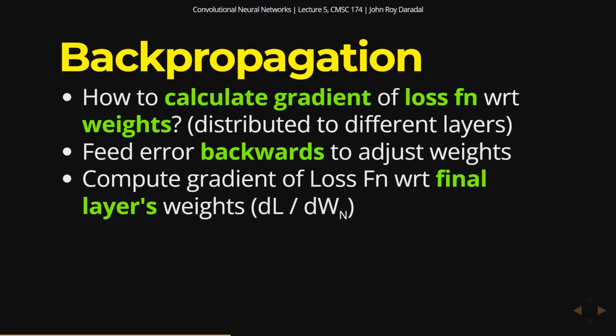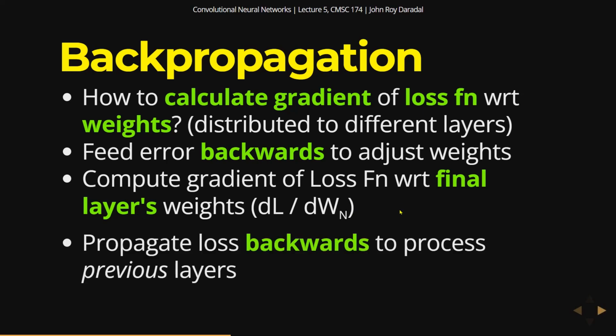As I mentioned, you first compute the gradient of the loss function with respect to the final layer. So this is where you'll start. That's the derivative of the loss function with respect to the weights at the last layer, let's say W sub n. And then we'll propagate this loss backwards to process the previous layers.